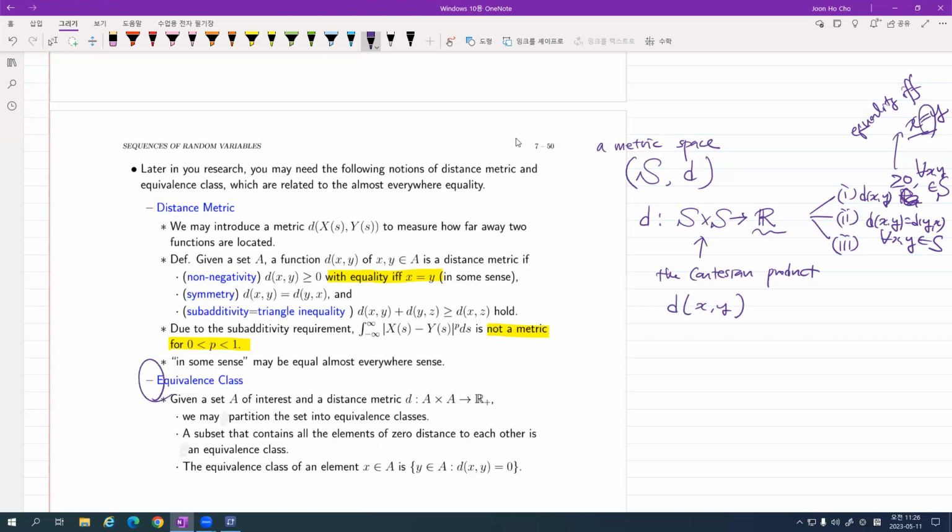It's complicated. But anyway, the third one is the triangle inequality. And you know what that means? Suppose you have three points x, y, z in S.